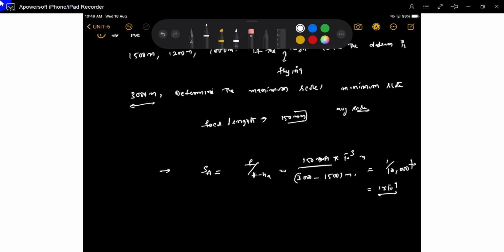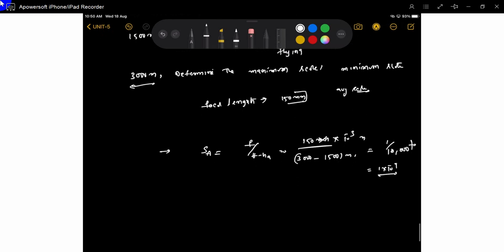Or if you reverse it, how much is expanded, how much is the real distance on the ground. That much detail is compressed in the photograph.